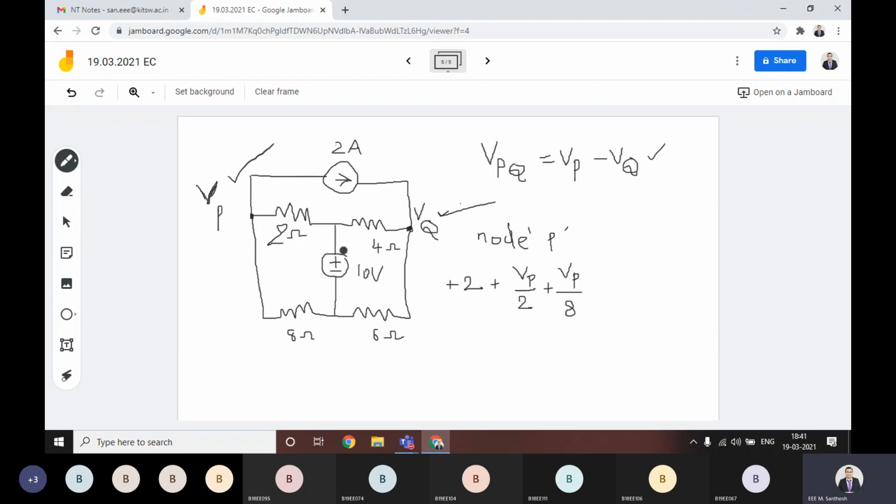And here you have, this is 10, right? 10 volts means here it will be 10 volts. Okay, you're getting this.